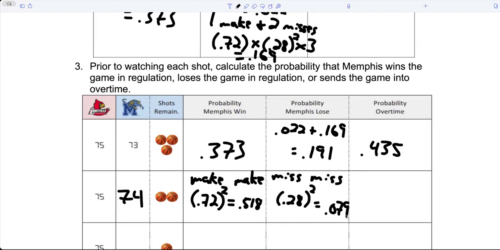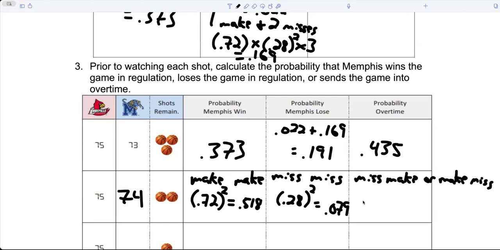And what's the probability that they go to overtime? He would have to make 1 more. So it could either be miss and then make, or make the shot and then he misses it.